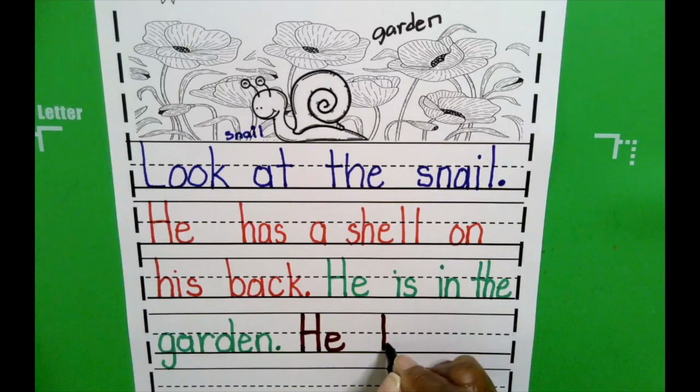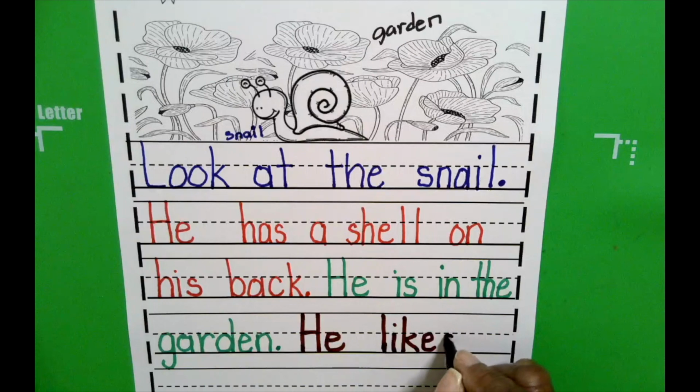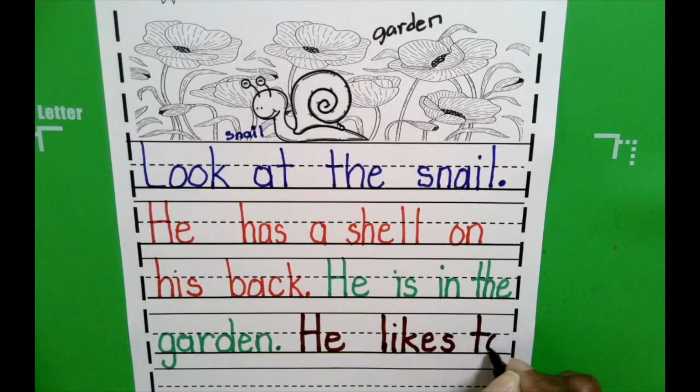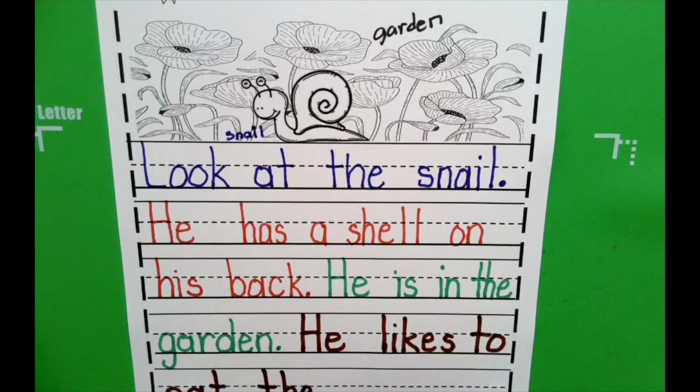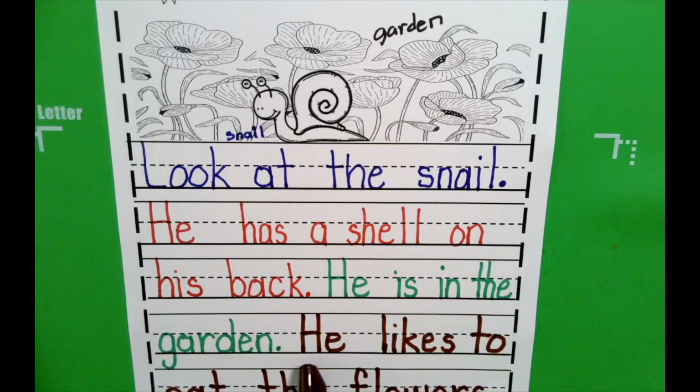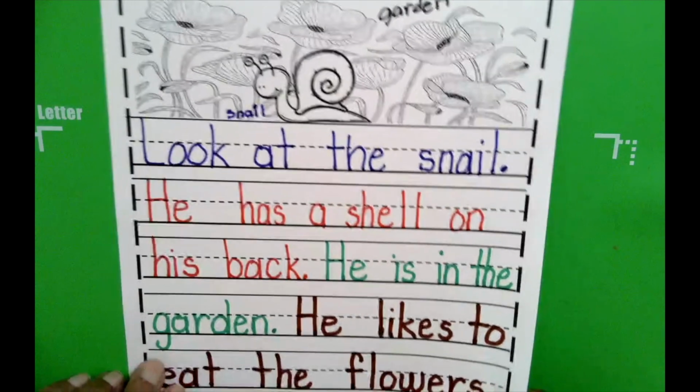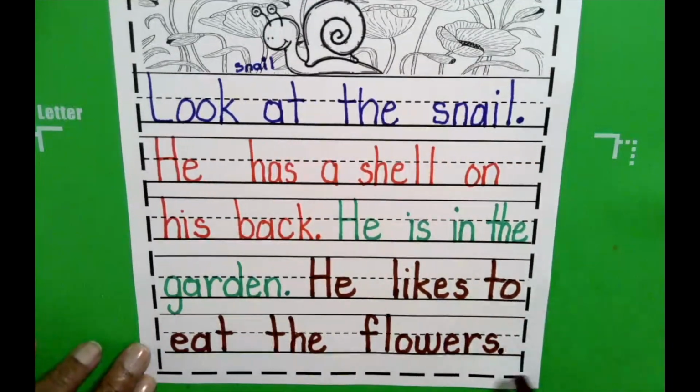He likes to eat the flowers. Period. Okay, we started the sentence with the uppercase letter, and we ended the sentence with a period.